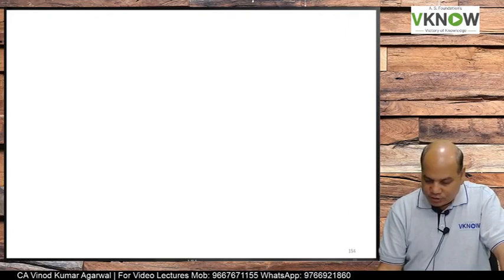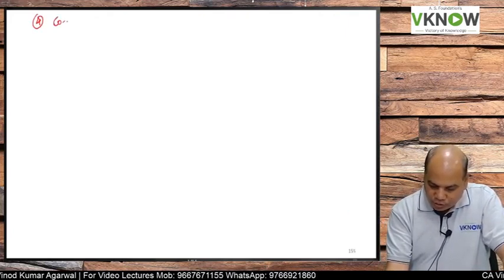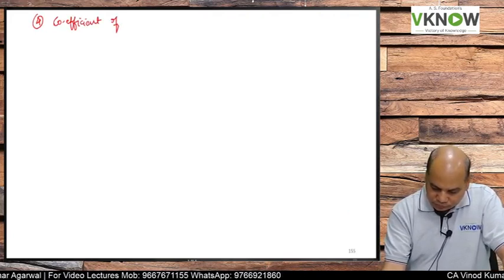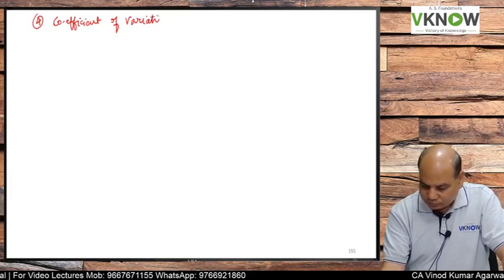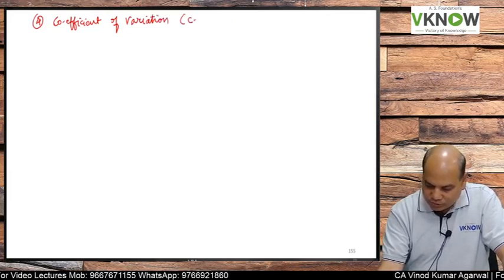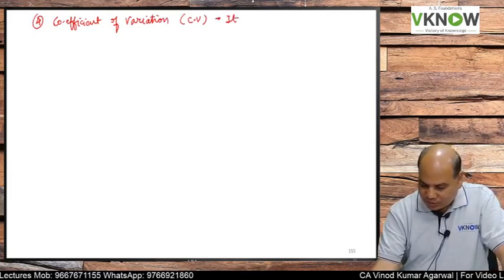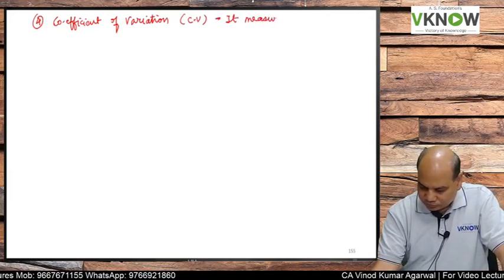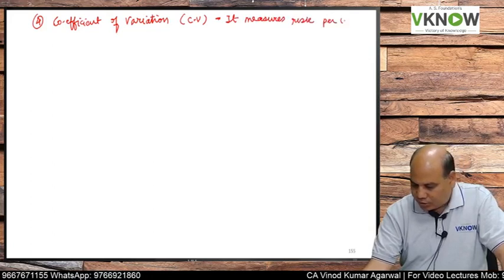Then the fourth concept we have seen is coefficient of variation, in short CV. It measures risk per unit of return.